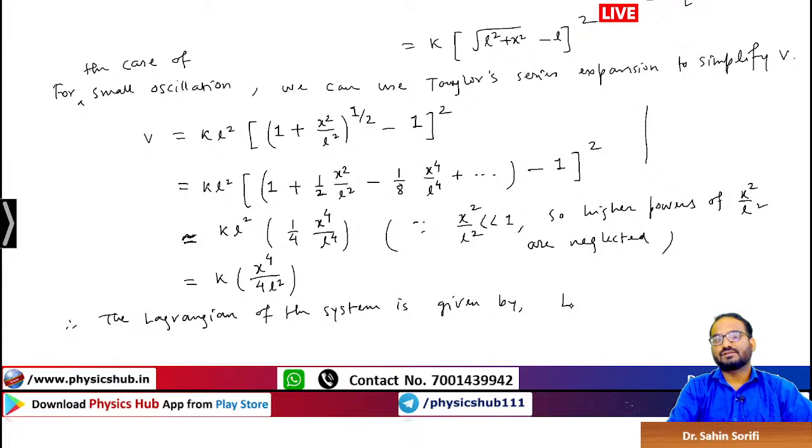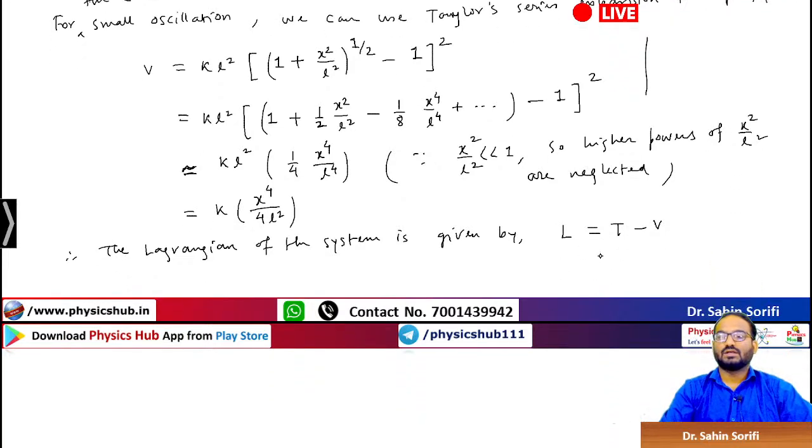Lagrangian means the difference of kinetic energy and potential energy. Simple thing. We have calculated the kinetic energy and potential energy both. Kinetic energy was half m x dot square. Potential energy we have just got: k times x to the power 4 divided by 4 L square.